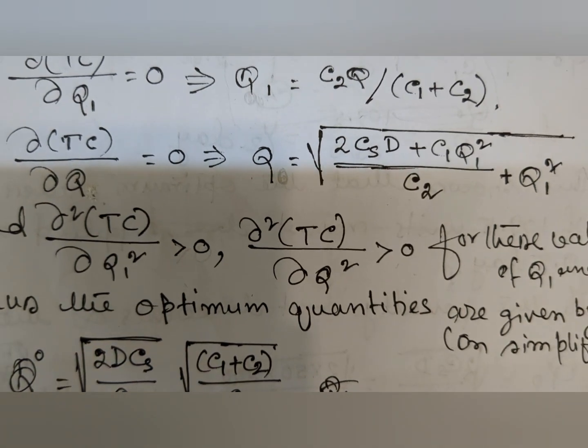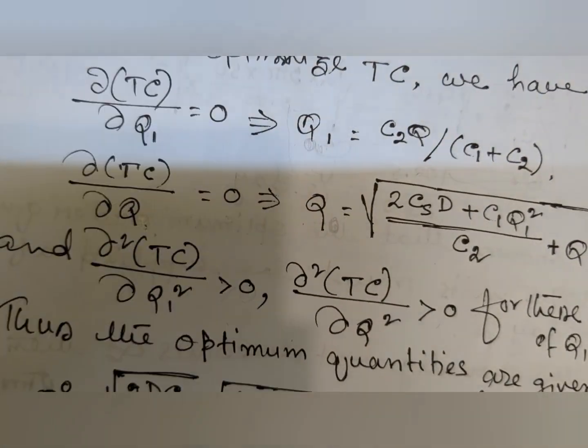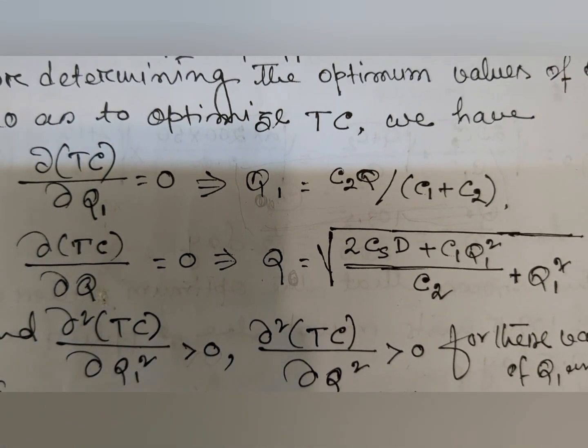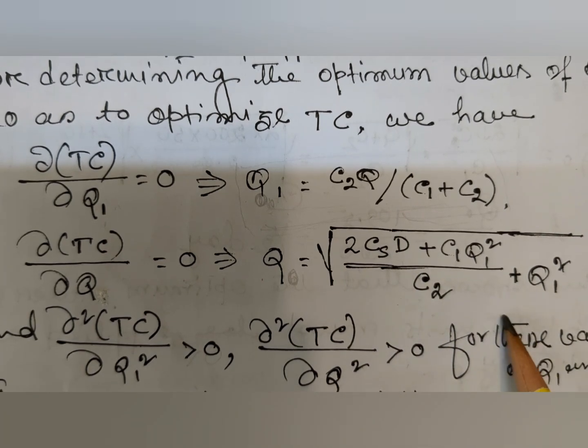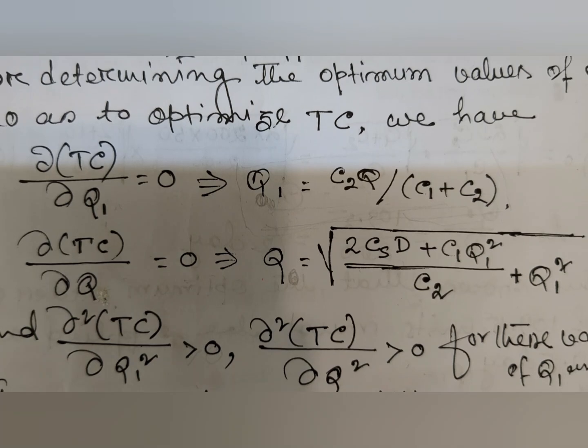Thus the optimum quantities are given by these formulas. Q0, we have written in a different way only, nothing else: 2dC_s by C1, that is only after arranging, and C1 plus C2 divided by C2.